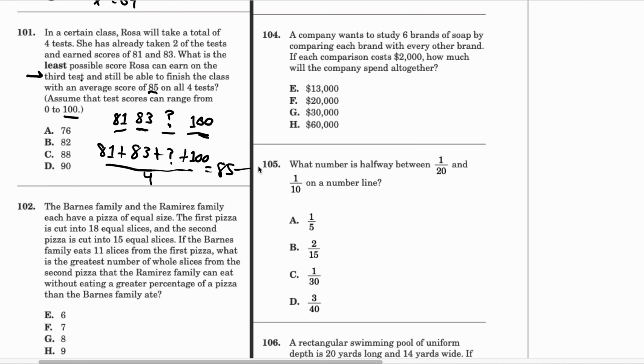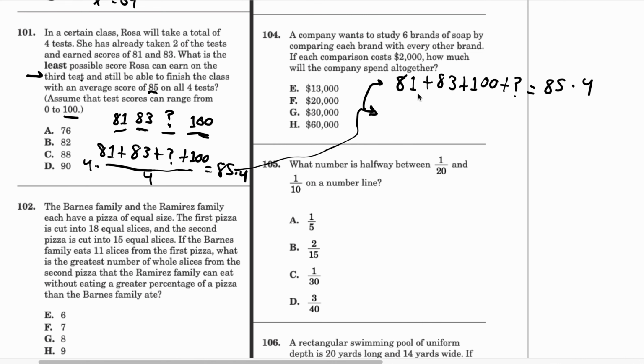We're going to do this work over here. Now I multiply both sides by 4 to get rid of that 4 in the fraction. So we have 81 plus 83 plus our 100 plus question mark is equal to 85 times 4.